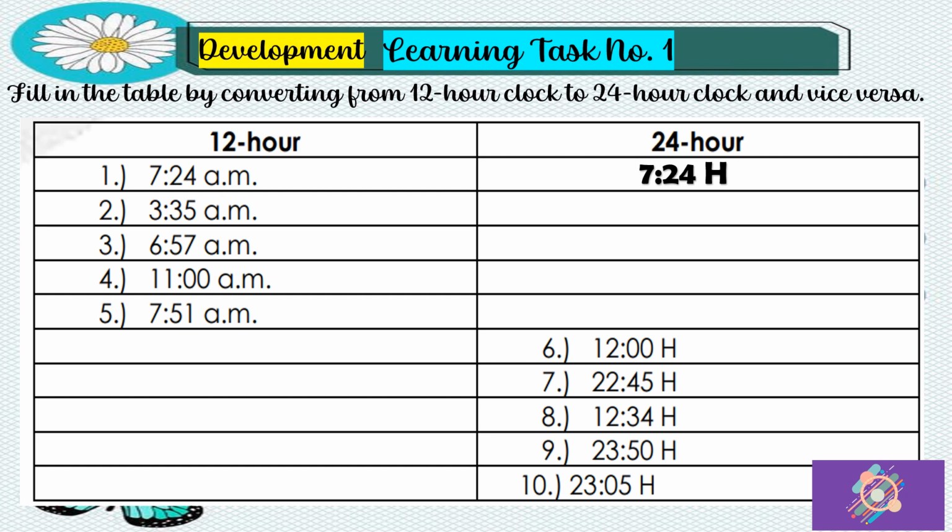So, we have 1200 hours. And then, number 7 is 2245 hours. Number 8 is 1234 hours. And number 9, we have 2350 hours. Number 10 is 2305 hours.